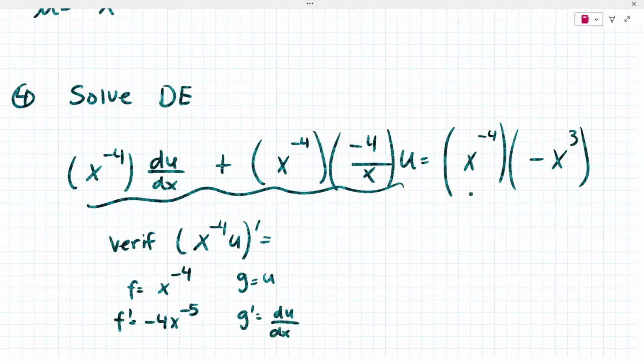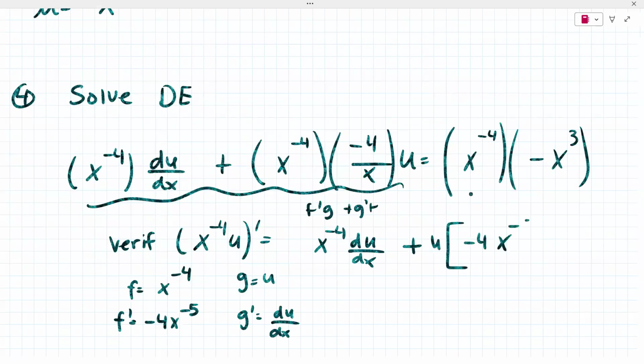So if you do the product rule, f prime g plus f g prime, what does it give you? x to the negative 4 du dx plus u times negative 4x to the negative 5. So yes, if you simplify this, it's eventually going to look like this. So we verified it.